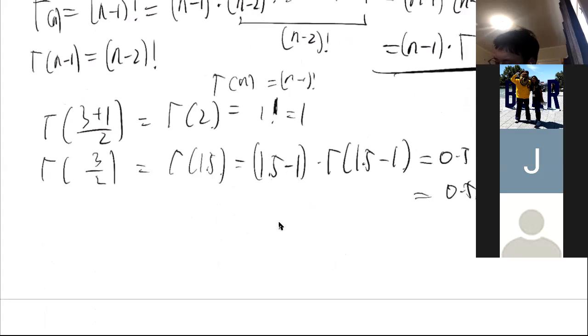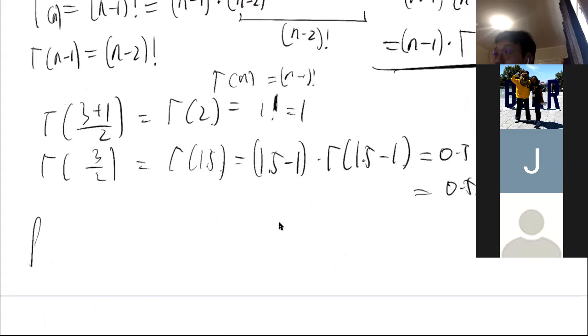If we plug into the original big chunk of the function, we basically plug in nu and the gamma values we just calculated.